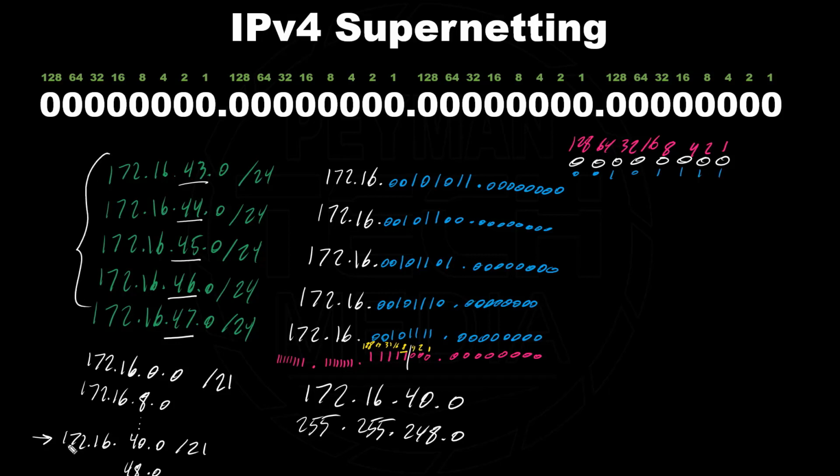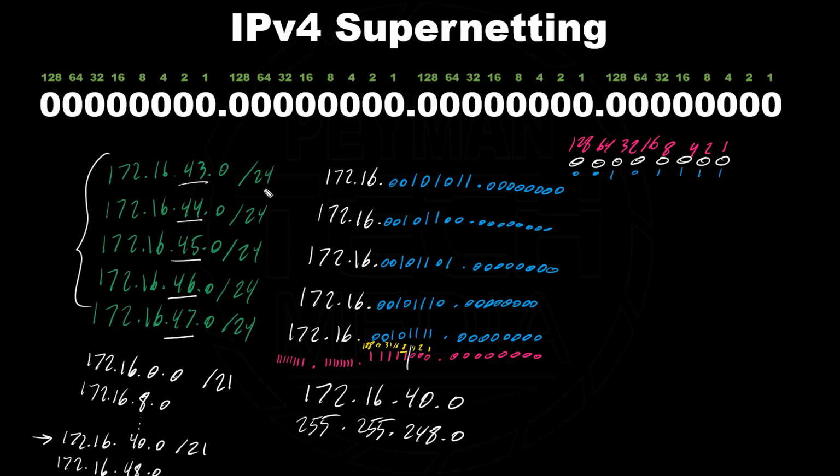And again, how do we know this subnet? Because looking at the third octet 40, all these addresses fall into the third octet, because the next subnet would be 172.16.48.0, right? If we are incrementing by 8 here.